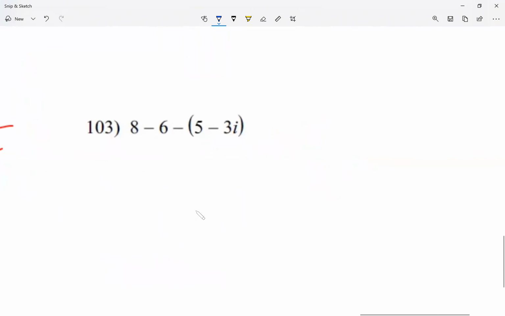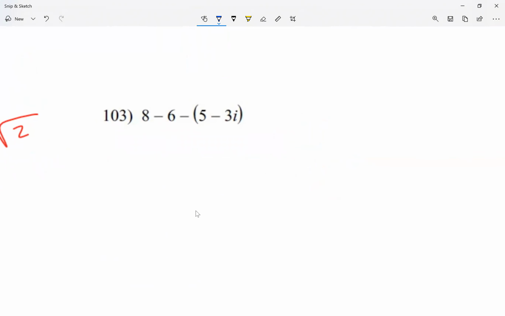Okay. Another thing we talk about with imaginary numbers was how to combine them. So let me write everything without parentheses. First I'm going to go 8 minus 6. Because of this minus before the parentheses, I'm going to change the sign on every term inside the parentheses. So let me write this as minus 5 plus 3i. Again, I changed the signs.